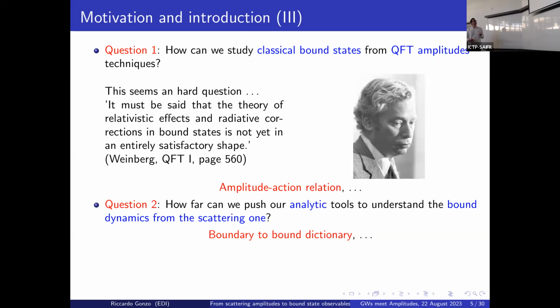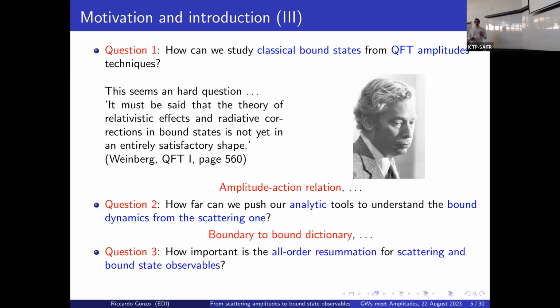which I will explain. I also think that one important question is how the resummation enters. As I was saying, for example, if you try to reconstruct the Schwarzschild metric by a massive point particle contracted with gravitons, you need to resum all the orders if you want to really construct the full metric. So there is a resummation involved, and these resummations always play a very important role in the current analysis.